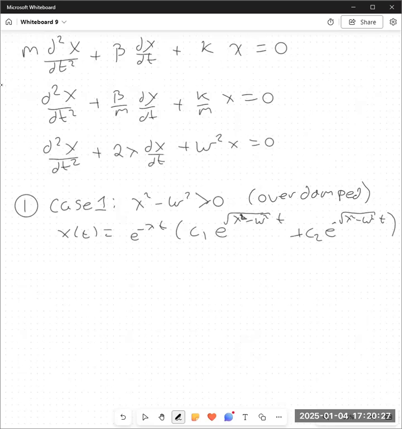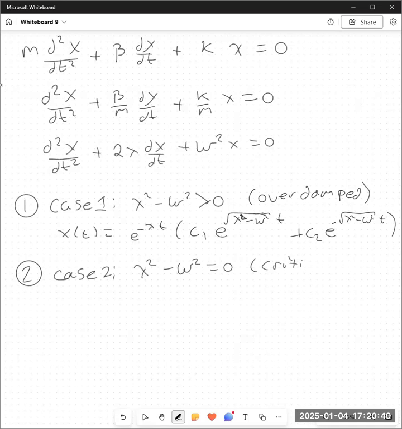So case 2 is going to be when lambda squared minus omega squared is exactly equal to 0, and that's called critically damped.